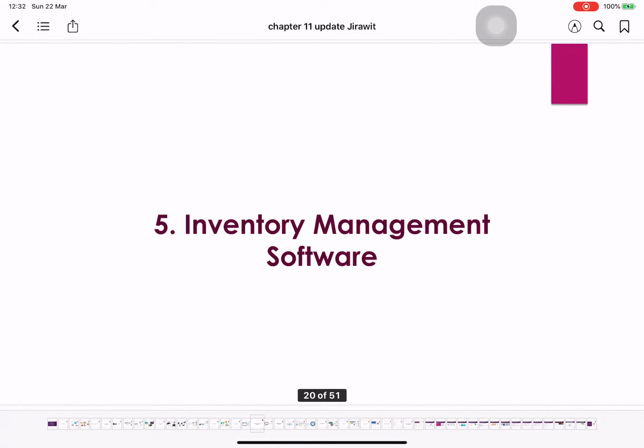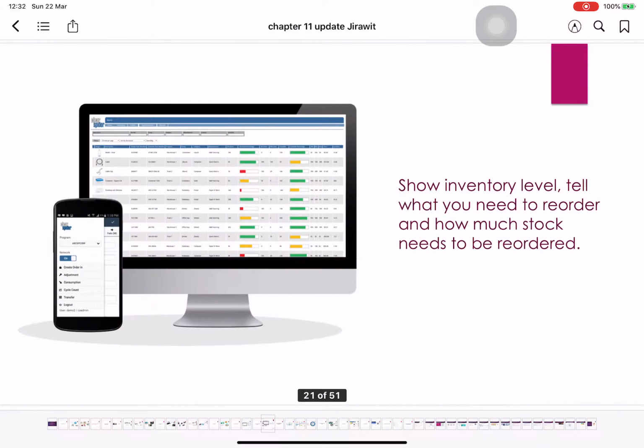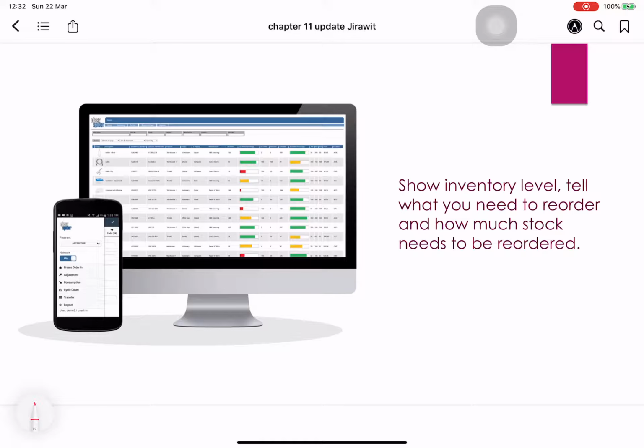Number 5 is inventory management software that we learned in chapter 9. Remember? This is an example of the application of IT showing the inventory level. Remember we studied the zero level, first level, and second level, when we want to manage the inventory and distribution channel.